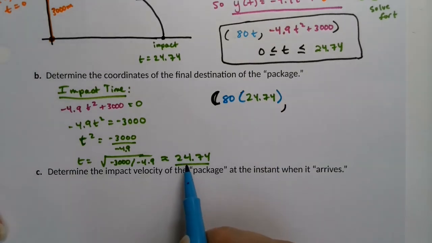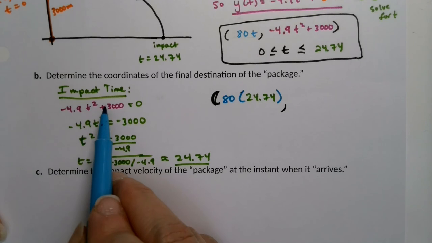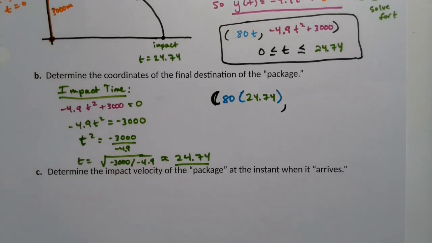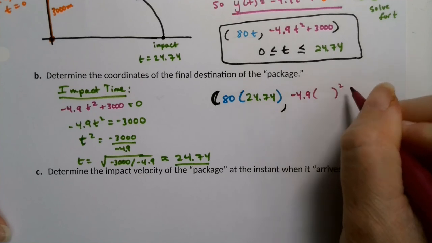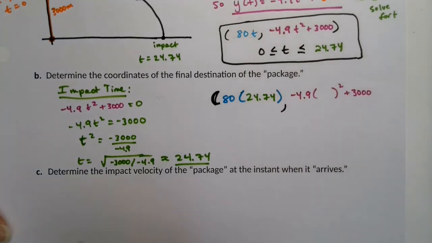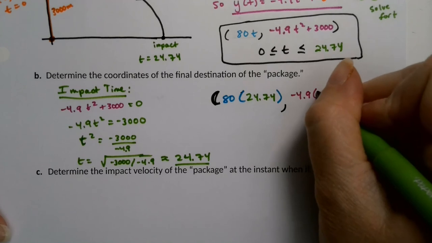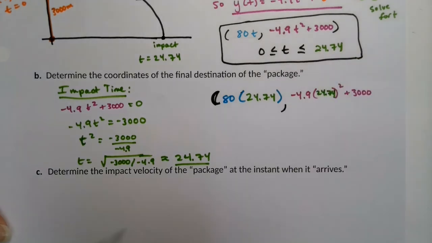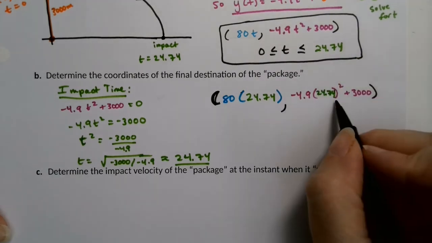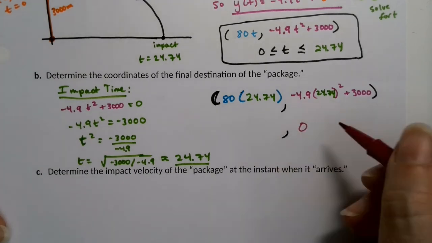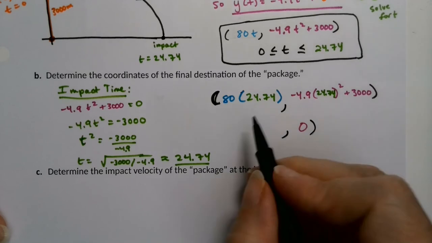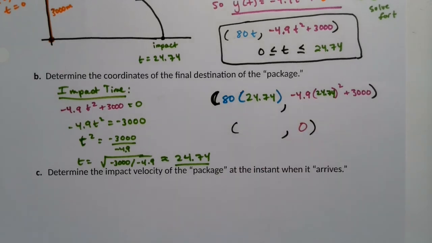If we did this right, then when I substitute back in, I should get 0. Yes, indeed. I can write it: negative 4.9 t squared plus 3,000, and then I'm putting 24.74 in. This has to be 0, because it's when we figured out it hits the ground. If it isn't 0, then you know you did something wrong.